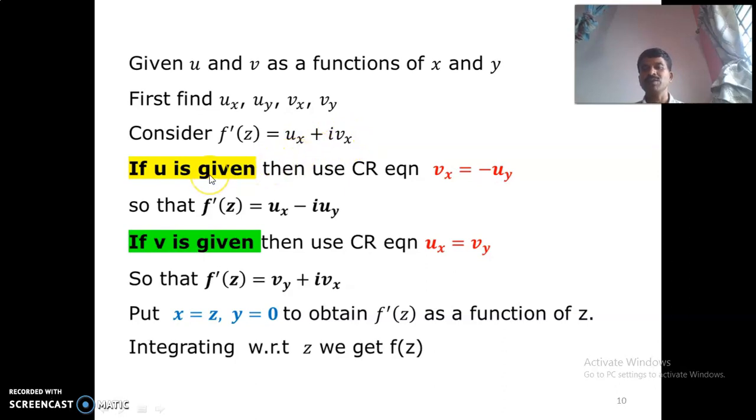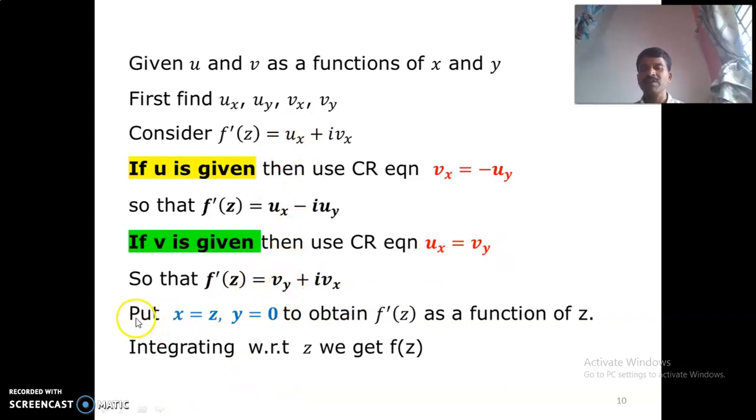Suppose in the given problem u is given, you can use the CR equations to translate in terms of u only, as you know uy equal to minus vx. And suppose v is given, you can again make use of the CR equations to translate in terms of v, so that ux becomes vy.